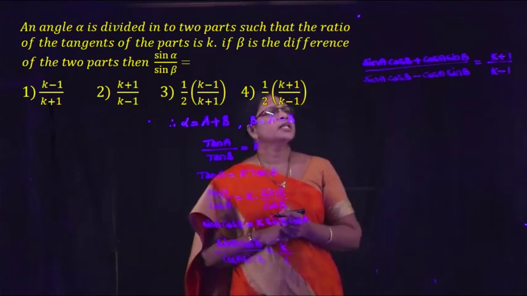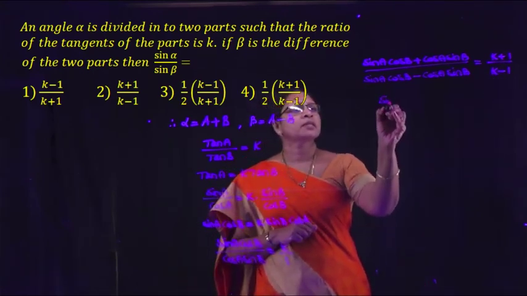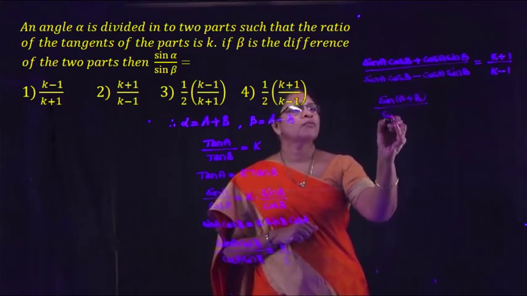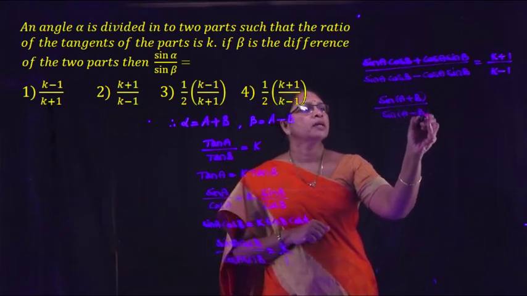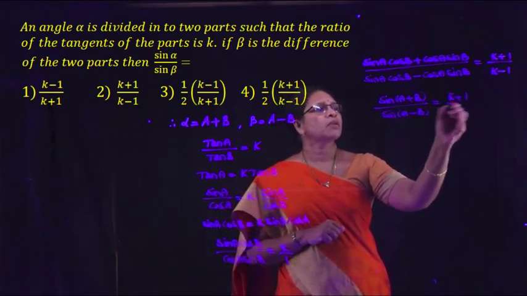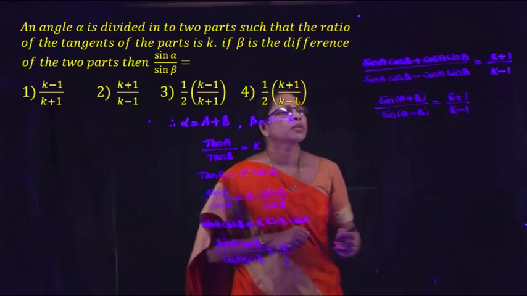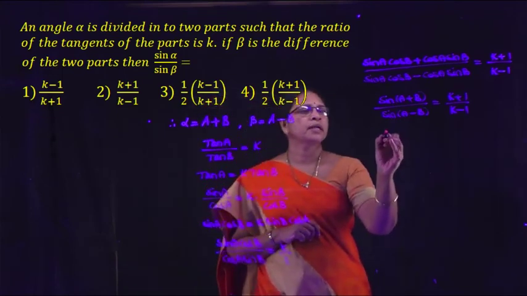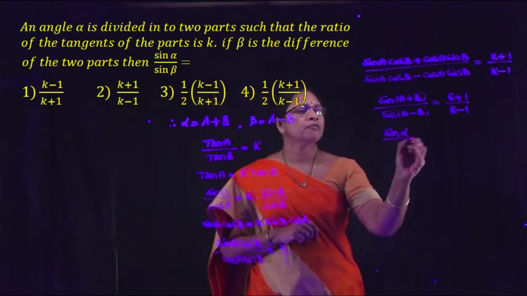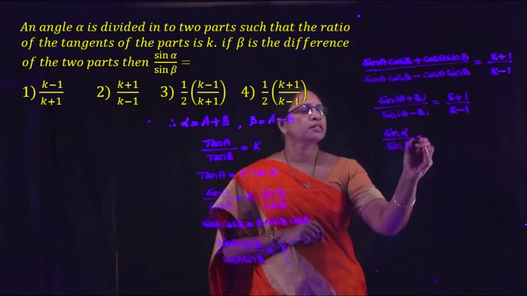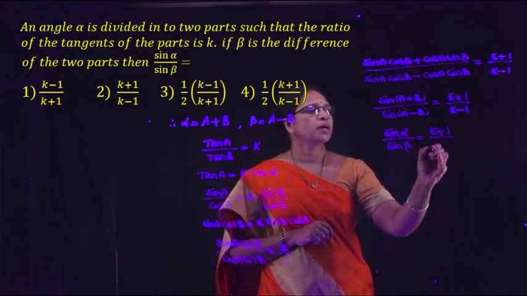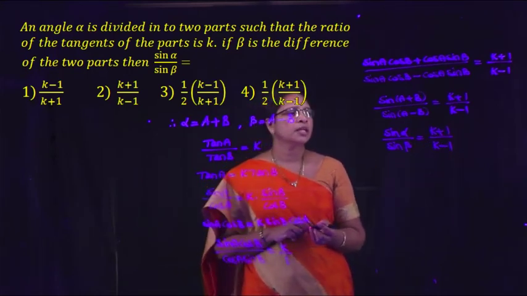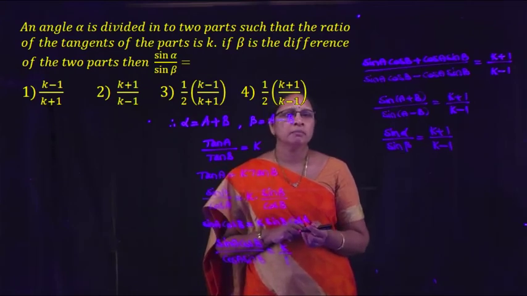Here the numerator is in the form of sin (A plus B) and the denominator is in the form of sin (A minus B), that is equal to K plus 1 by K minus 1. Here we know that A plus B is alpha and A minus B is beta. Then we get sin alpha by sin beta is equal to K plus 1 by K minus 1. The value of sin alpha by sin beta is K plus 1 by K minus 1.